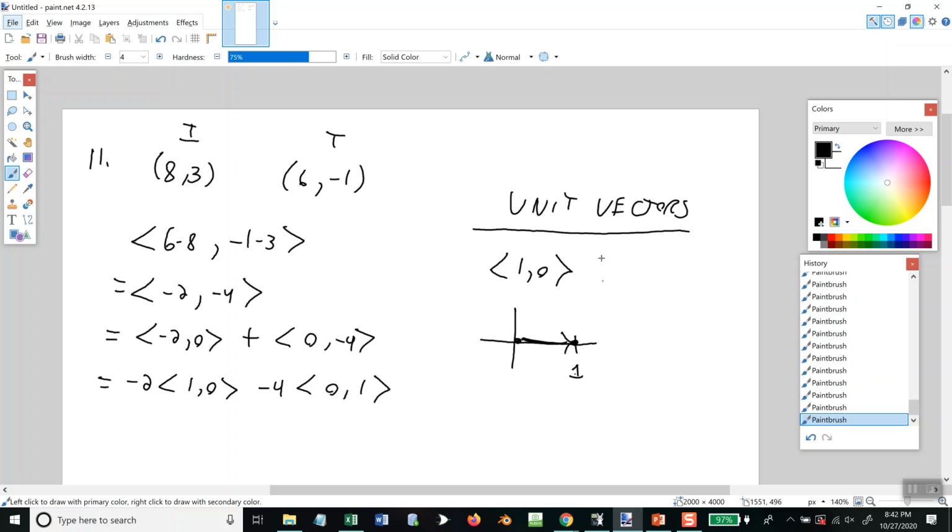A unit vector, this one in particular, goes out in terms of the x direction, a distance, a magnitude of 1. This is represented by i.